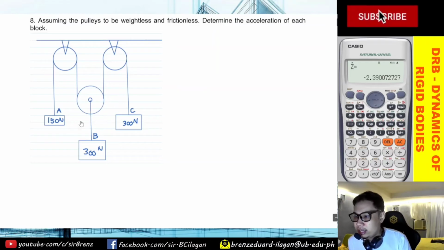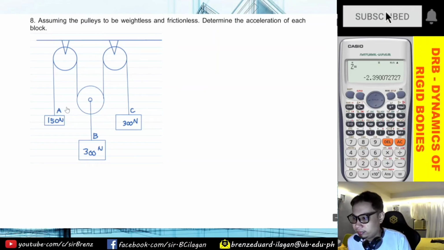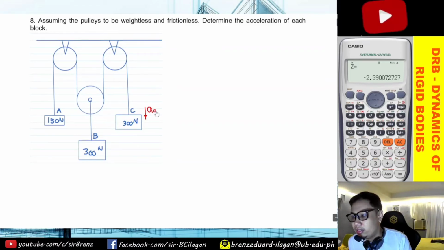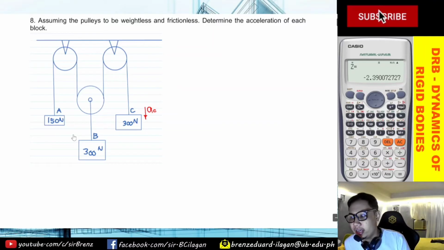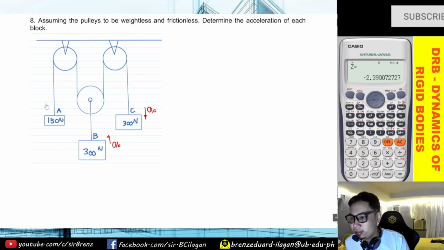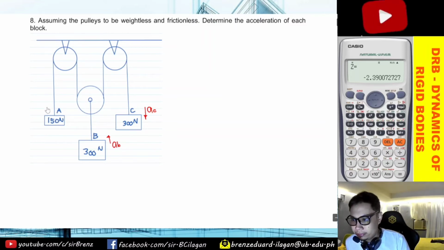So let's just say na yung block C will go in downward direction. And then itong block B, sabihin natin tataas. And then block A, since magaan yan, tataas din siya.